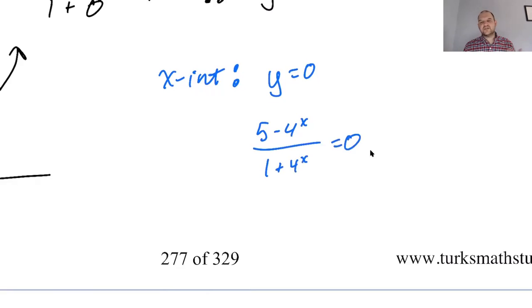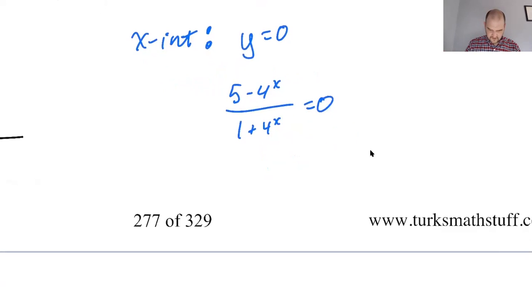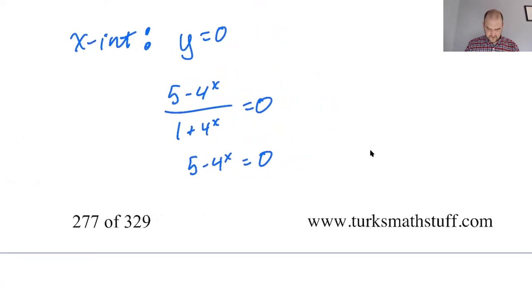All right, so my first step, that denominator, you're gone. I only need to know when the numerator is equal to 0. 5 minus 4 to the x equals 0. So then I'm just going to add 4 to the x to both sides. Easy thing.